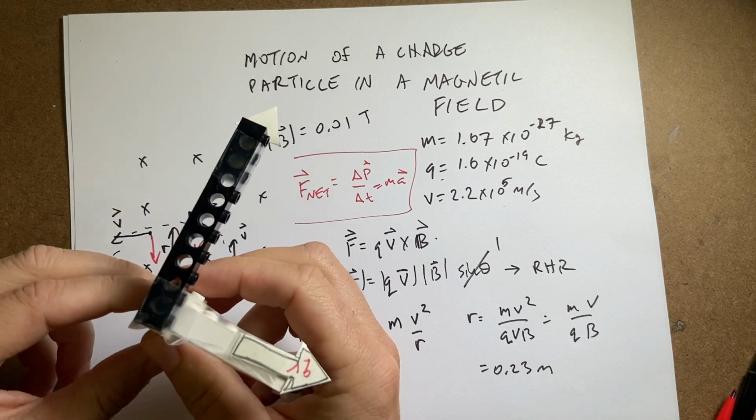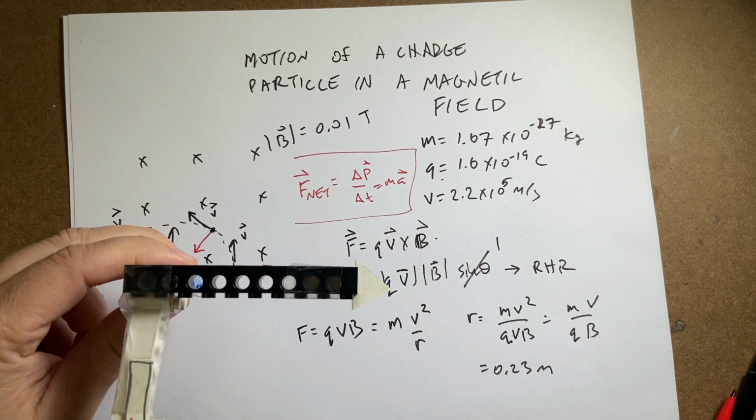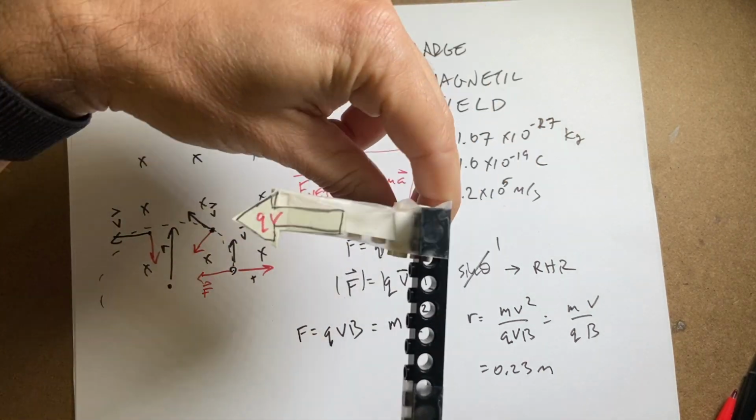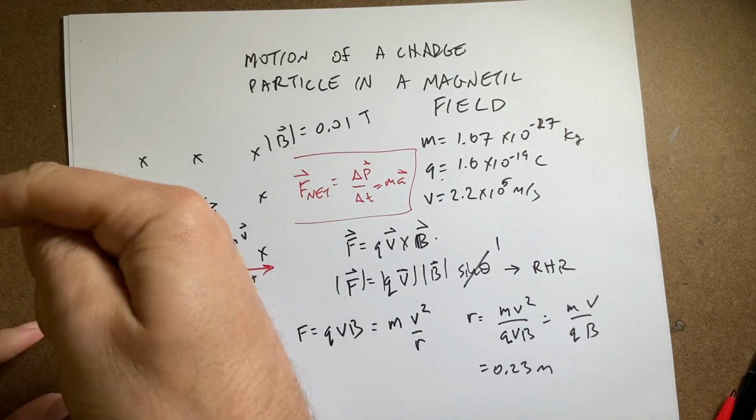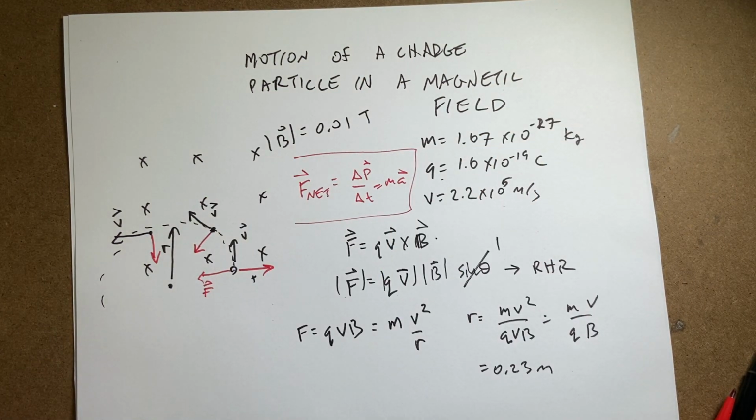The force would be to the right, and it would move in a circle like this. So a positive charge will move in a circle to the left, a negative charge will move in a circle to the right. And there you have it. That's the motion of a particle in a magnetic field. It's actually important for things like a mass spectrometer. I'll talk to you physics people later, and we'll do another problem.